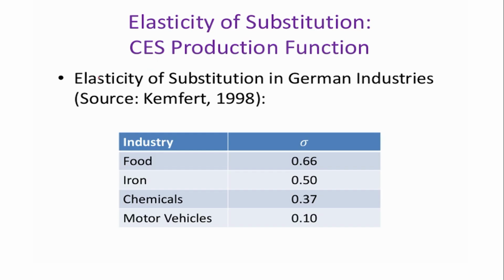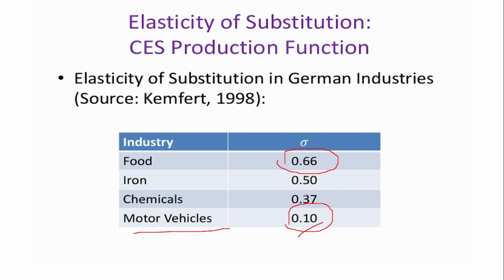Here is an example for German industries: food 0.06, iron 0.50. That means in this industry, how much we can substitute labor and capital. We cannot substitute labor and capital in motor vehicles, because the sigma is higher than that.